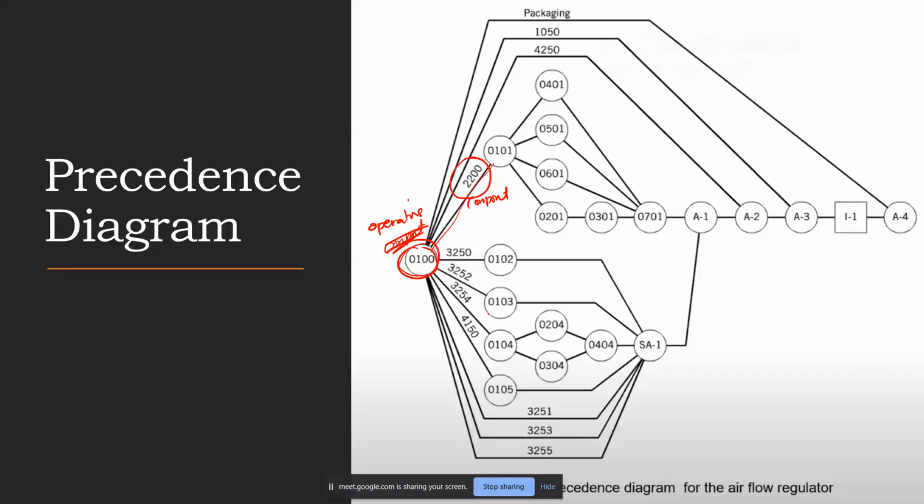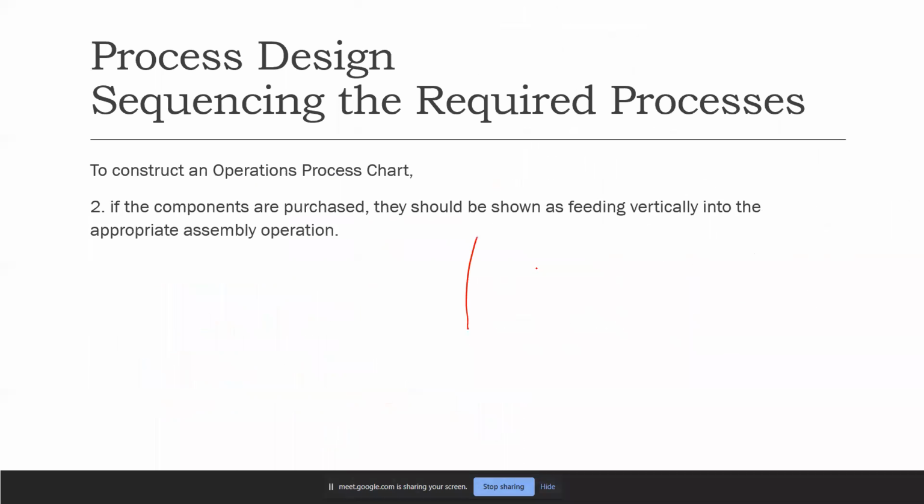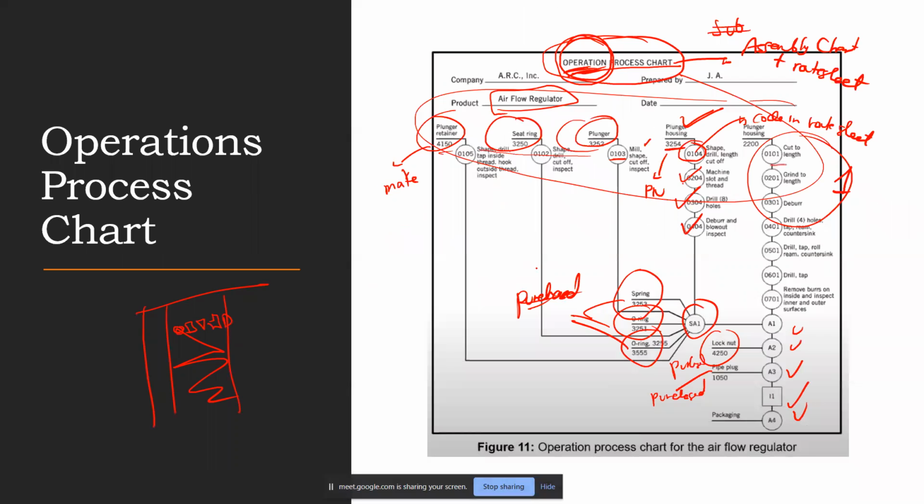Okay? So kung babalikan natin, ano nga yun? 01. 01, ito ba yun? Okay, ito yun. 4150. Sorry, ito. 3254. Itong 3254, ito yung ating plunger. That is housing.